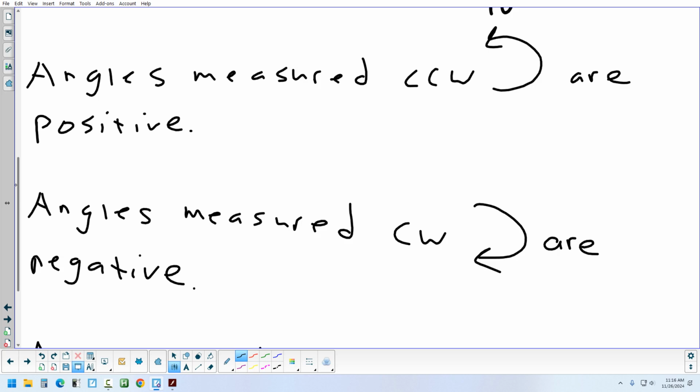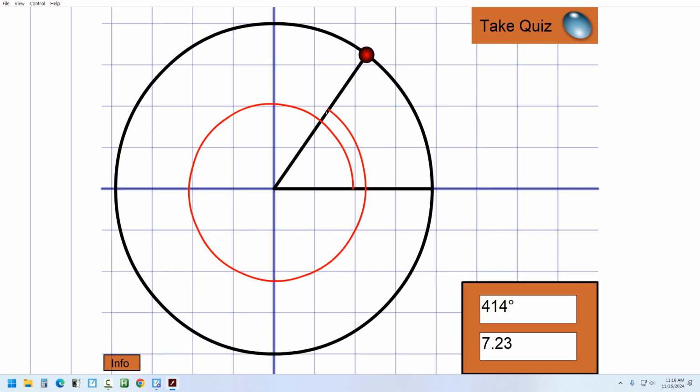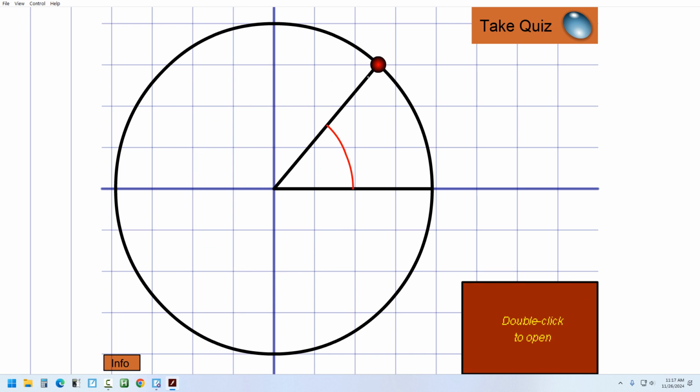What kind of number do you think I'll get for my angle if I go around more than once? Would it be larger than 360? Yeah, it will be larger than 360. So going around more than once means you have an angle larger than 360. And that's indicated by this spiral. Because if you didn't have this, you wouldn't know the difference between that and that. They look the same. But the spiral shows you went around more than once.